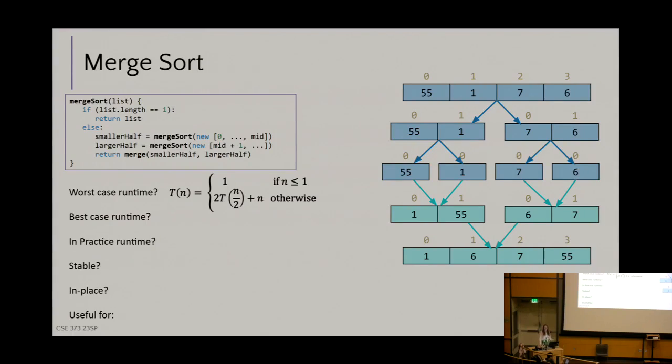Does this algorithm change if the items are already sorted? What do we think? No, I still have to go all the way down to the base case. And in my merge, I still have to go from 0 all the way to the end.